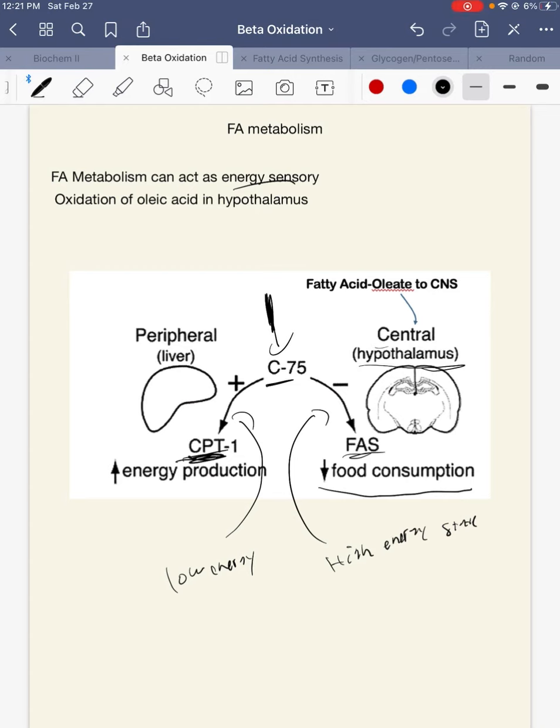Okay, so just know that the amount of fatty acids available in the cell can act as a sensor for energy. So if we're in low energy and we have a lot of fatty acids, we probably want to break them down. If we're in a high energy state and we have a lot of fatty acids, we probably don't want to run as much fatty acid synthase, so to make more fatty acids. So basically, this protein acts as a sensor and regulator based on how much fatty acids we have.